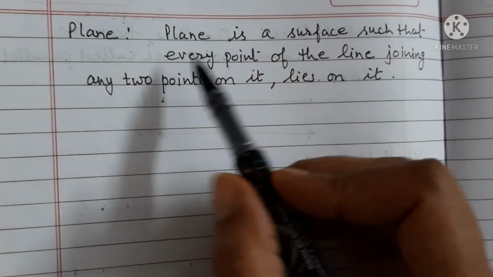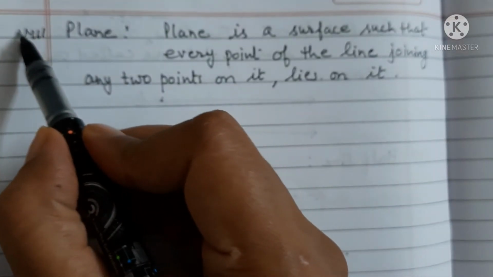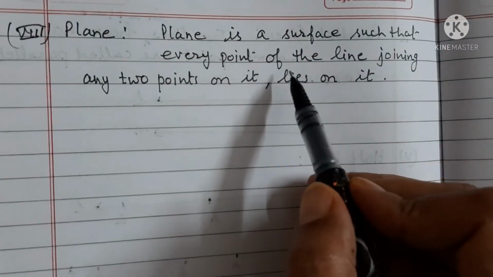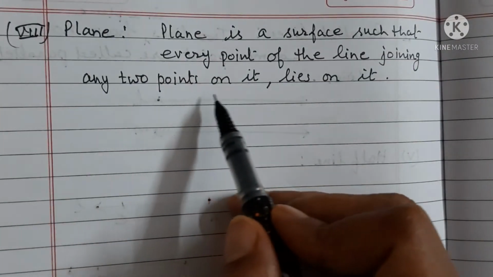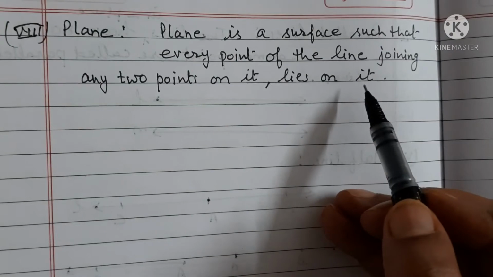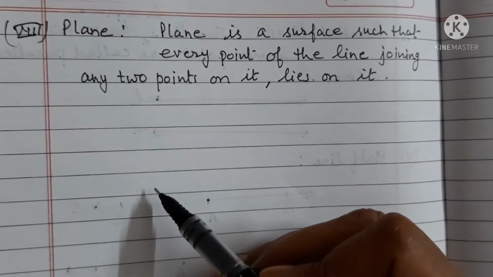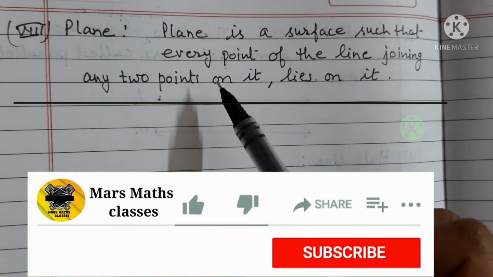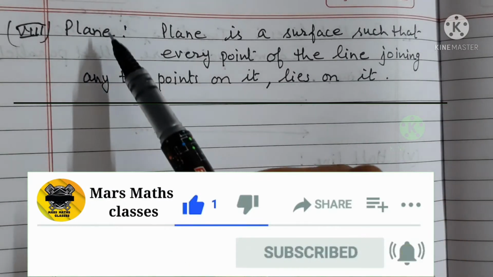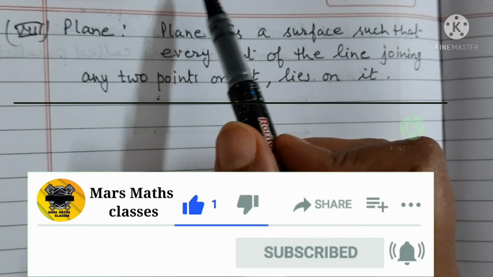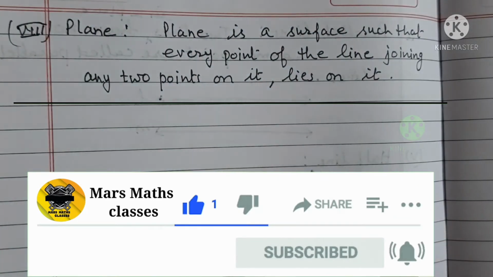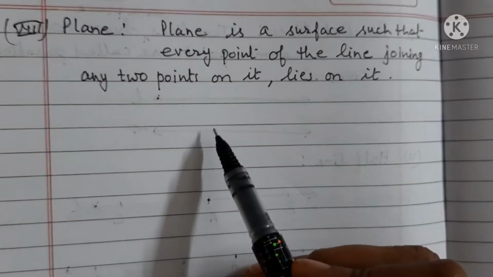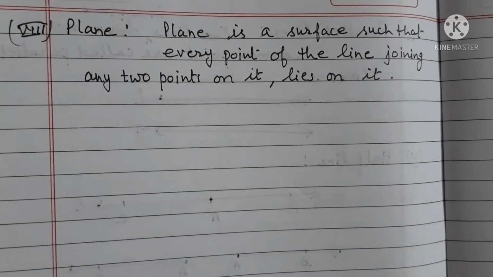Plane. This is the part A. Plane is a surface such that every point of the line joining any 2 points on it lies on it. Examples. Suppose this is the plane, surface of table, surface of blackboard, and surface of this paper also.